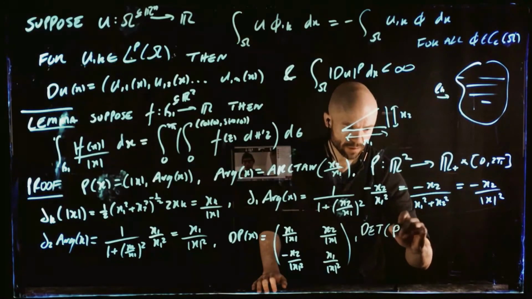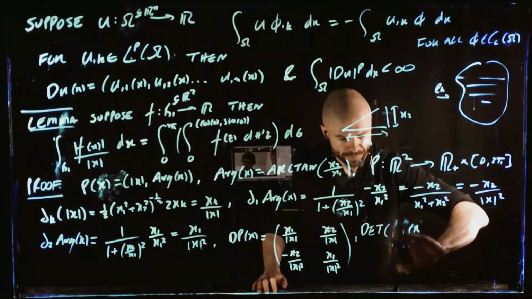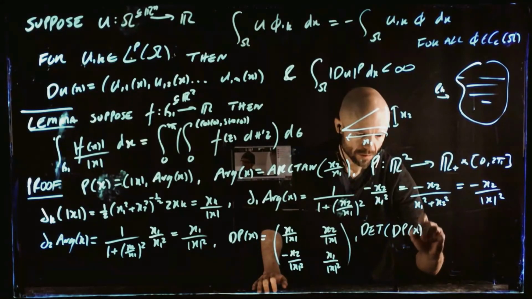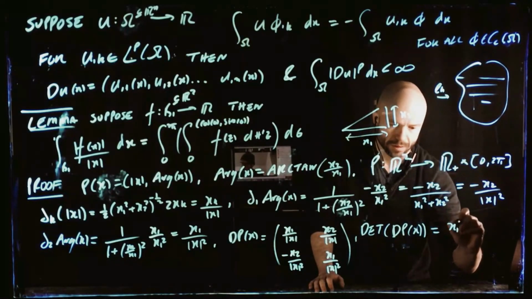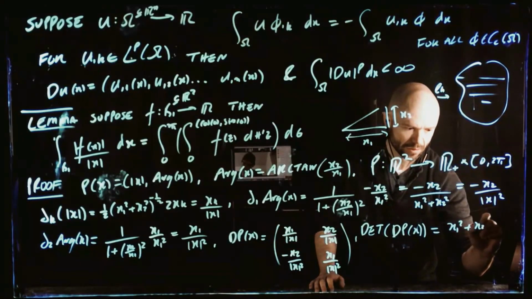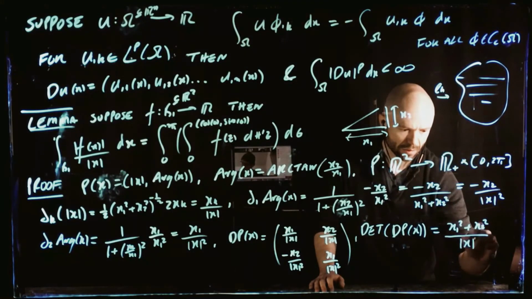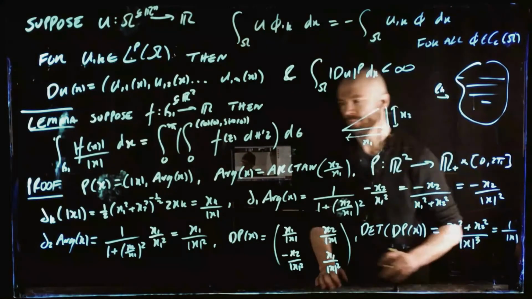of the gradient P of x is just x1 squared plus x2 squared over mod x cubed, which is just 1 over mod x, like this. Right?